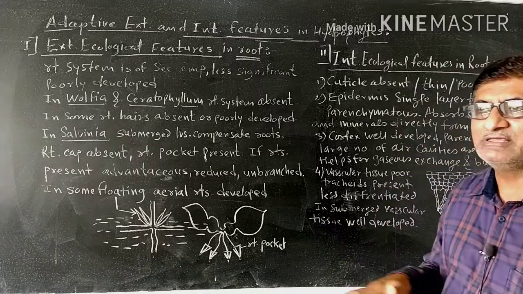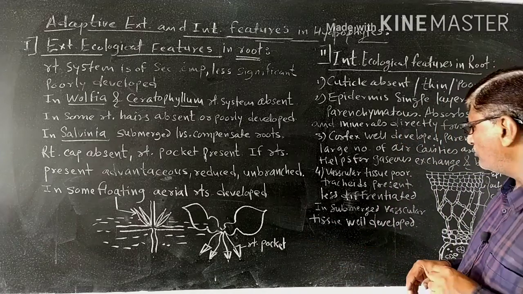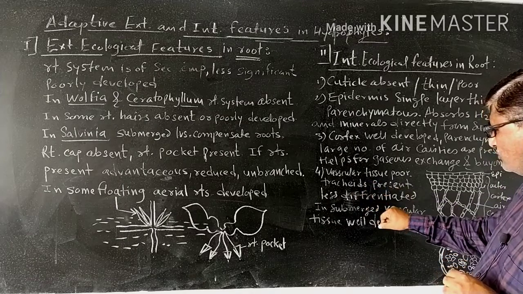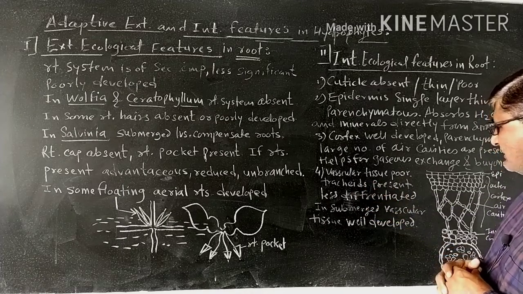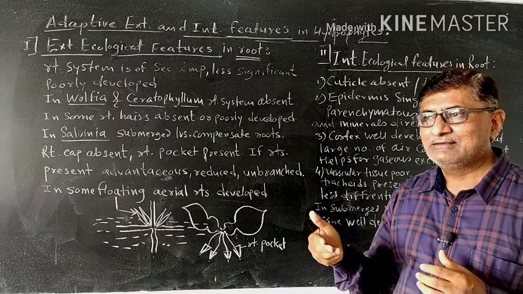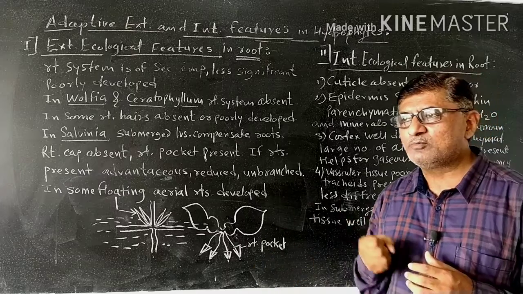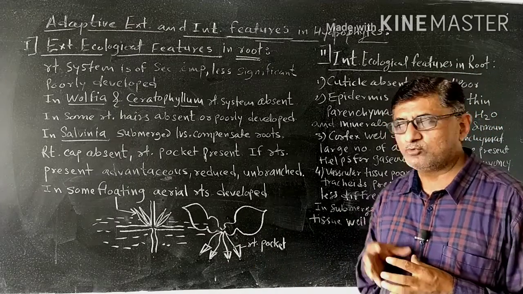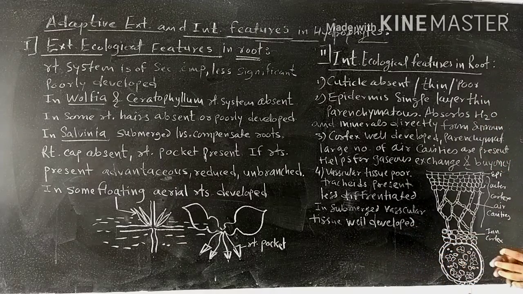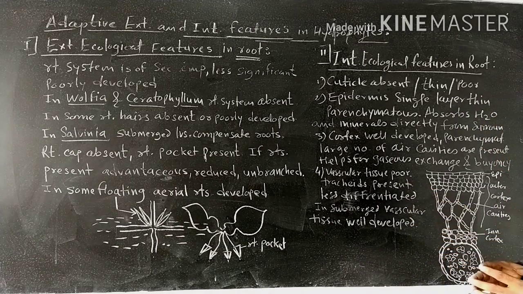They only help in the lateral conduction of water. Here you can see that the vessels are absent. Why are vessels absent? Because there is no need to absorb or conduct water for the hydrophytes. That is why the vascular tissue remains poorly developed and less differentiated.